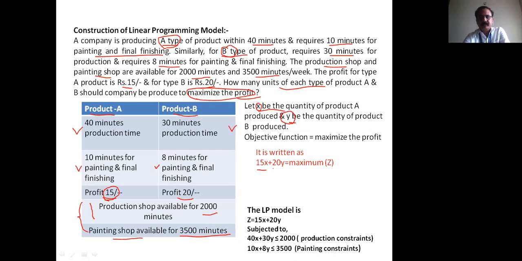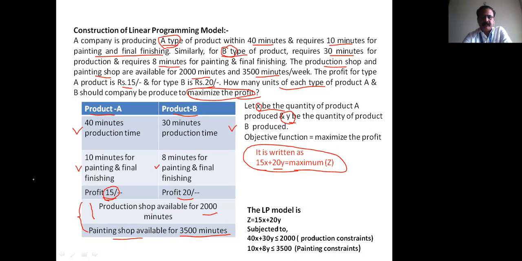Therefore, 15X plus 20Y is the maximum. This is your objective function. You have to find out the values of X and Y, that is, the quantity of product A and B produced.